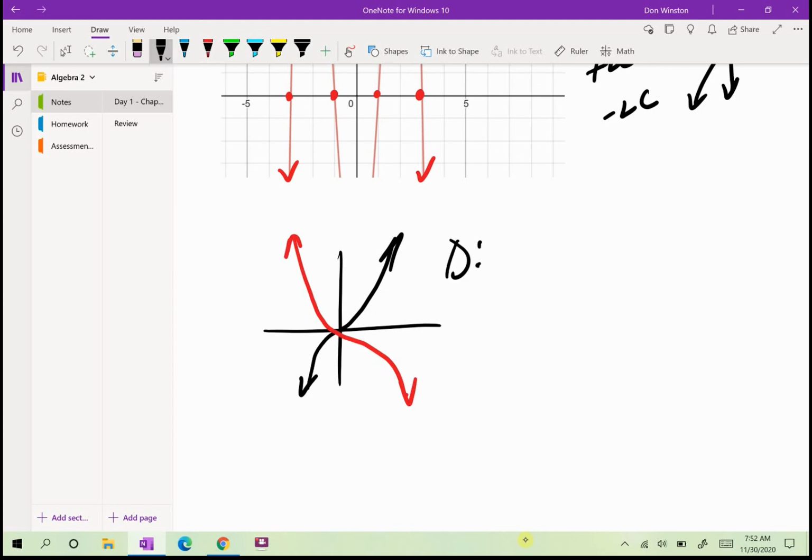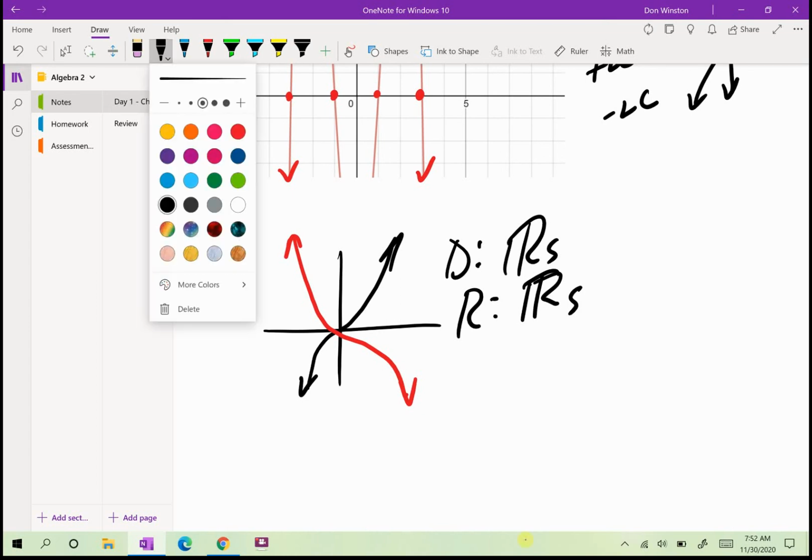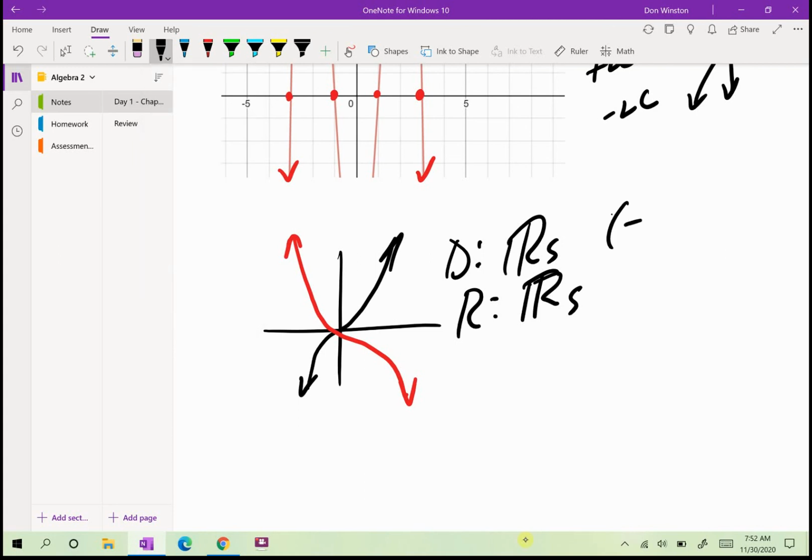The graph goes up forever, or it goes down forever. So my domain, in interval notation, would be negative infinity to infinity, and the range would be from negative infinity to infinity.